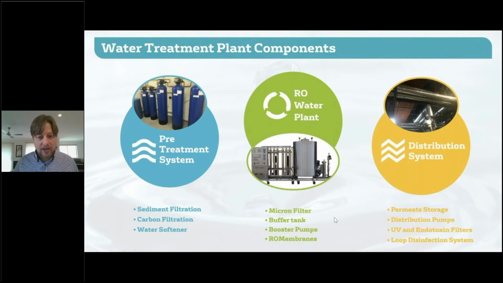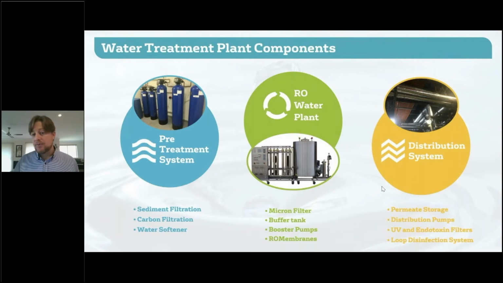Then, of course, you've got your RO plant, which includes your buffer water, your booster pumps, your membranes, which is the heart of the solution, which is bringing the water down to quality.